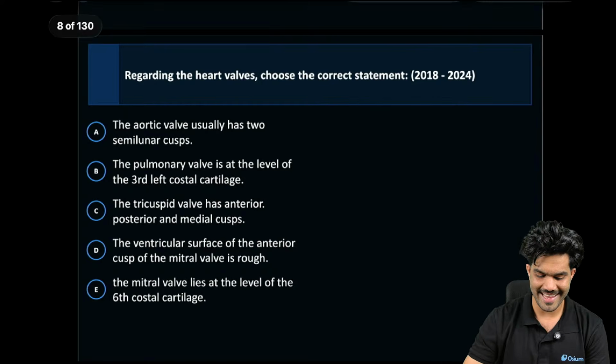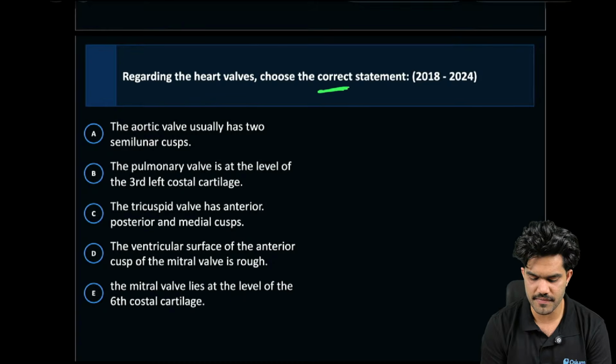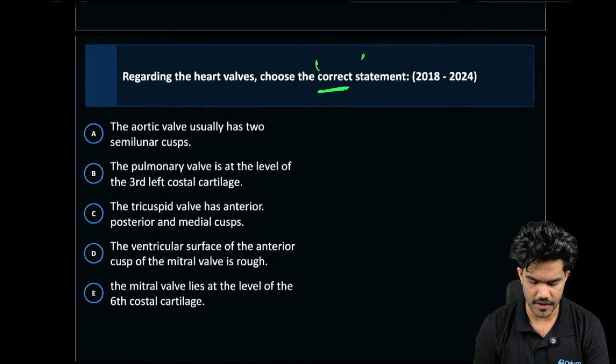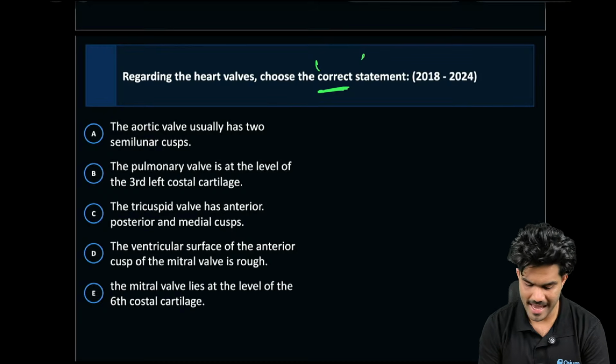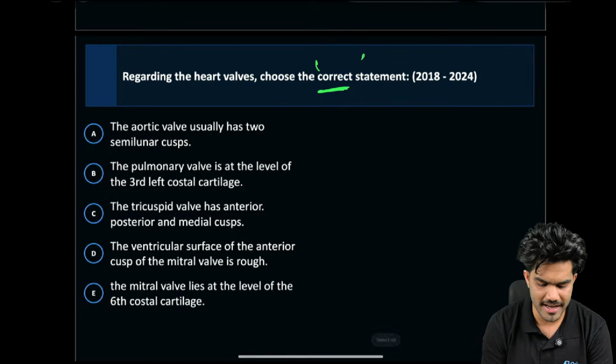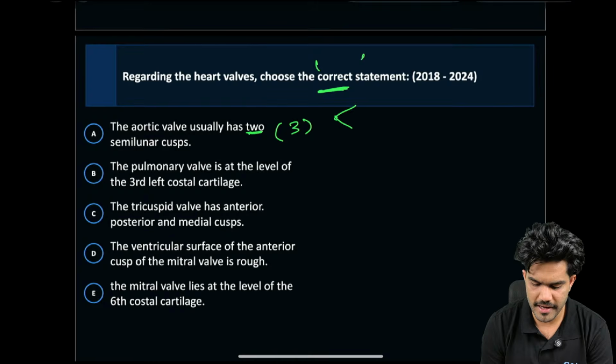Next question regarding the heart valves. Regarding the heart valves, choose the correct statement. Please focus on the question carefully. The aortic valve usually has two semilunar cusps. See, how many cusps does the aortic valve have? 3 cusps: one anterior and 2 posterior.